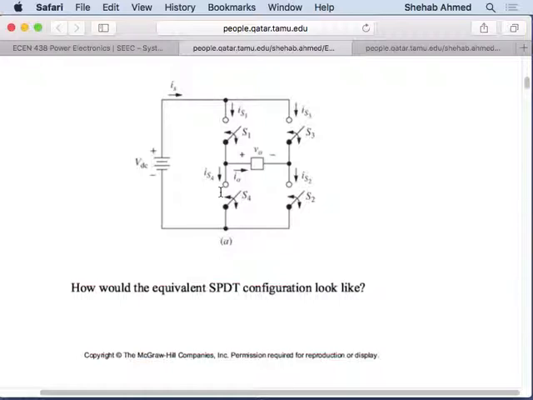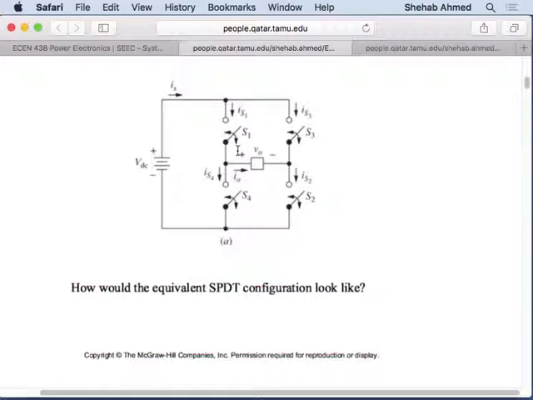But in that case, there may be a time where you have S1 and S4 on at the same time, right? Because you have S1 on, you want to turn it off and then turn S4 on. How fast do you turn S4 on? Do you turn S4 on and then turn off S1? Or do you turn off S1, give it some time, and then turn on S4?